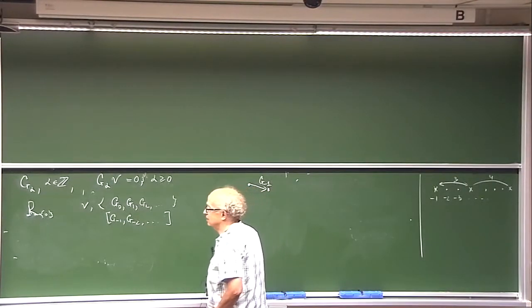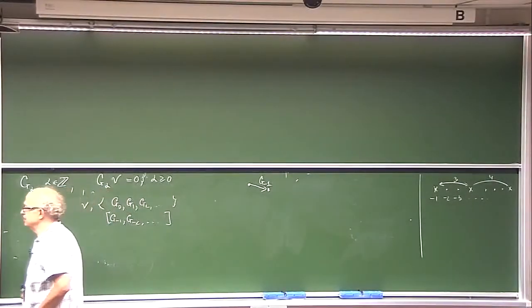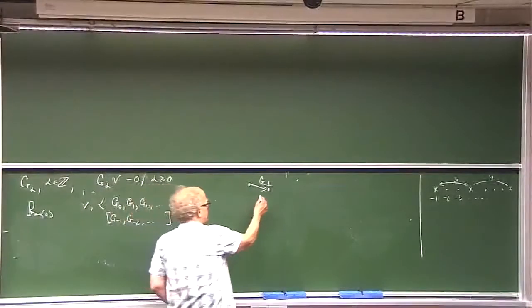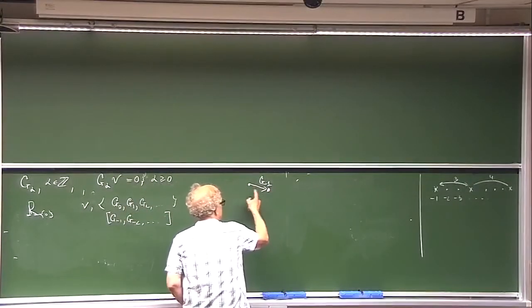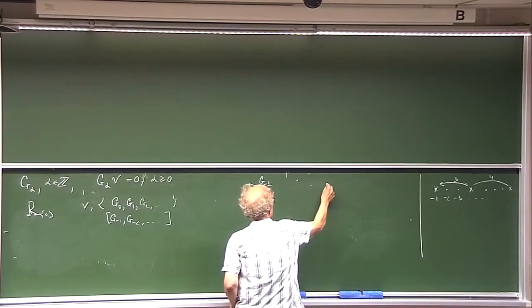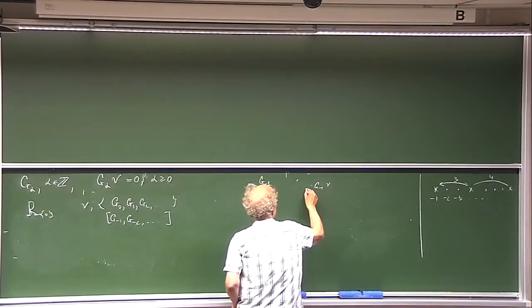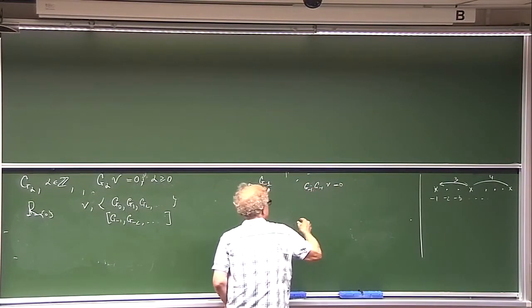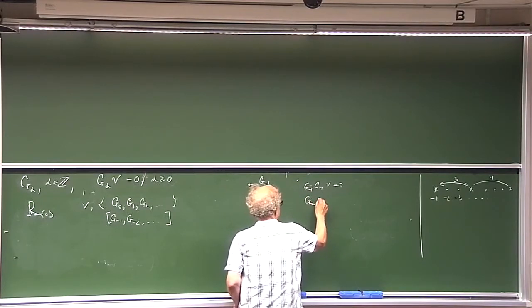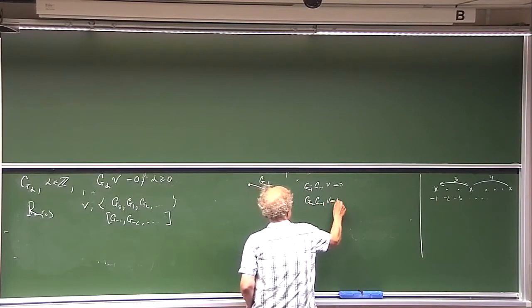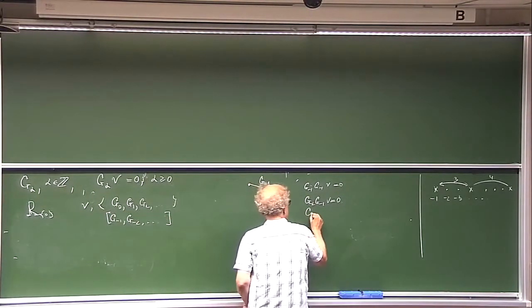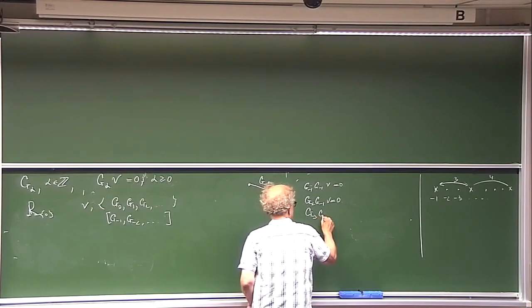And from the relations, we can see that if I take this vector V and act by G minus 1 again, it is 0 because they are skew-symmetric, but also G minus 2, G minus 1, V is 0. This follows from my relation, and also G minus 3, G minus 1, V is also 0.